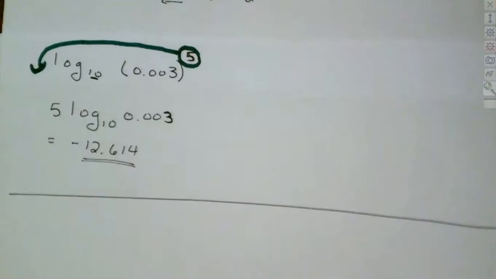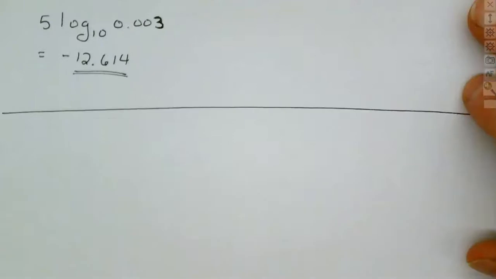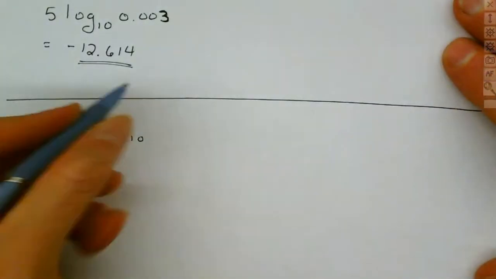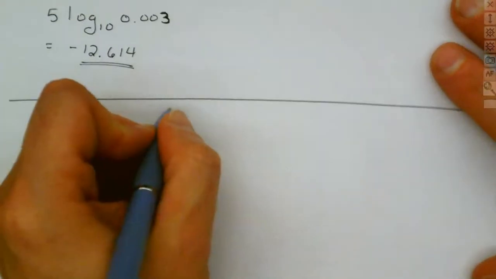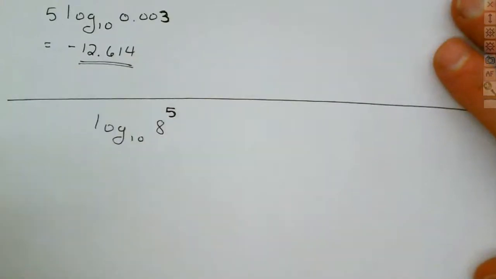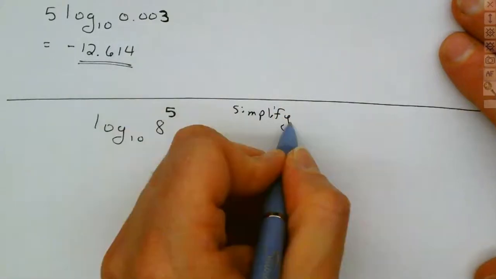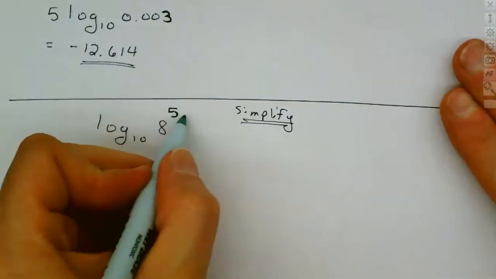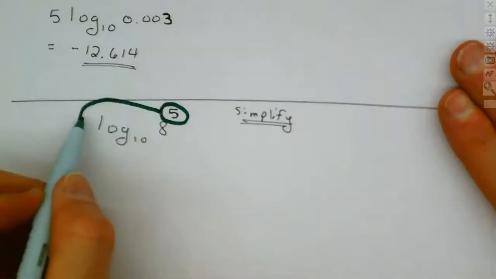Let's do one more just to make sure that we know how to use our calculator for logarithms. How would I simplify this one down? Well, the first thing I would do is look at this, and I've got the 5 here, so I would bring that down.